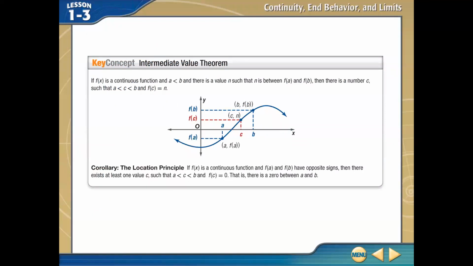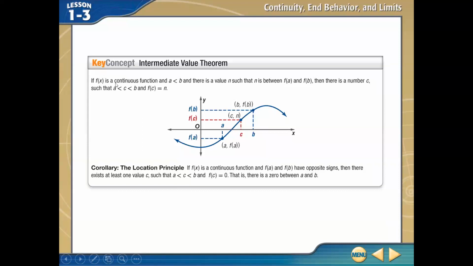Okay, intermediate value theorem. If f of x is a continuous function and a is less than b, and there's values such that n is between f of a and f of b, then there's a number c such that a is less than c, which is less than b, and f of c is equal to n.